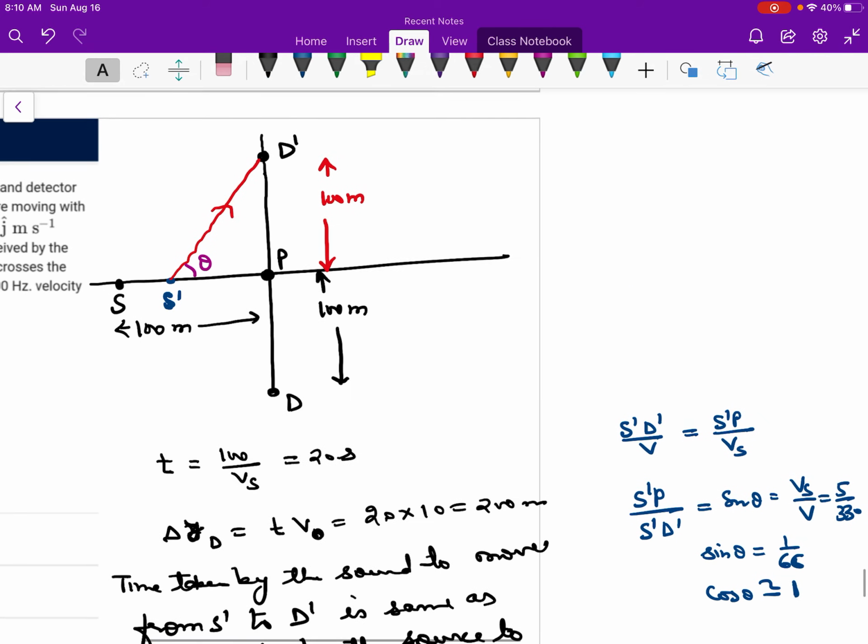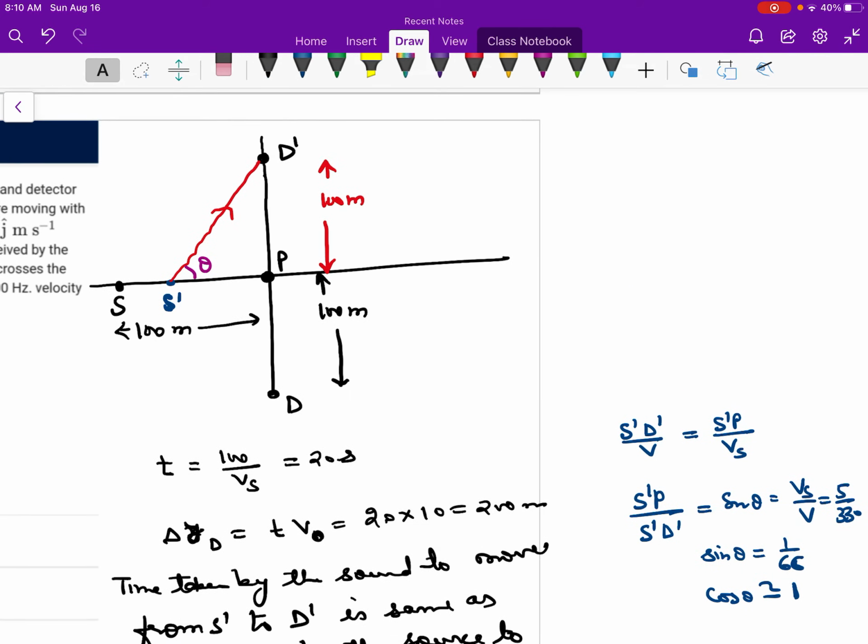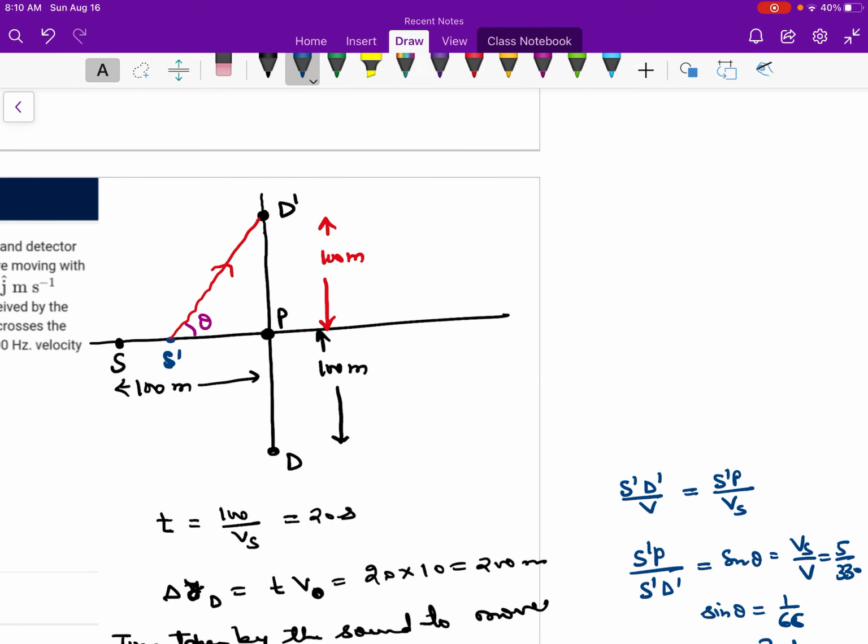So now in the diagram, velocity of source is in this direction. So we need to take component of Vs along S dash D dash, and velocity of detector is in this direction. So we need to take component of velocity of detector along S dash D dash. This angle is theta.